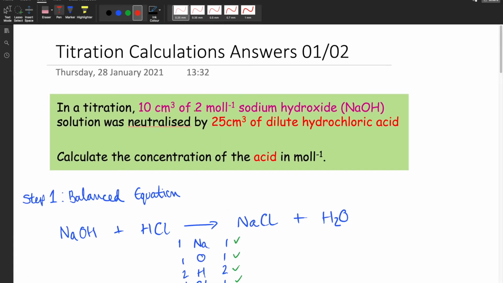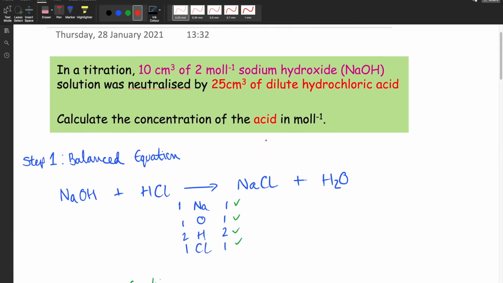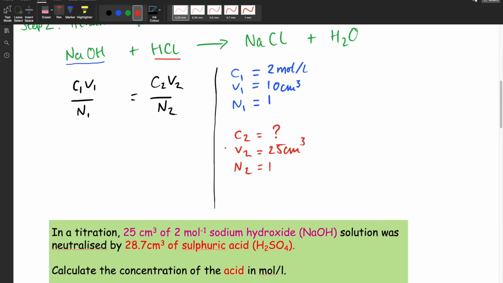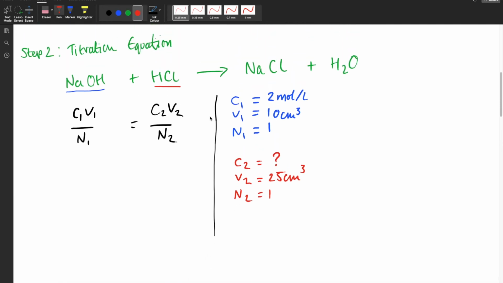So that's us got everything from the question written out for us to then place in our titration equation when we want to use it. Just to make this super duper clear, all of this stuff here is our sodium hydroxide, and all of this stuff is our hydrochloric acid.